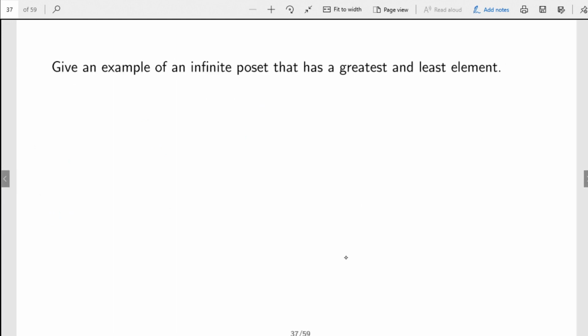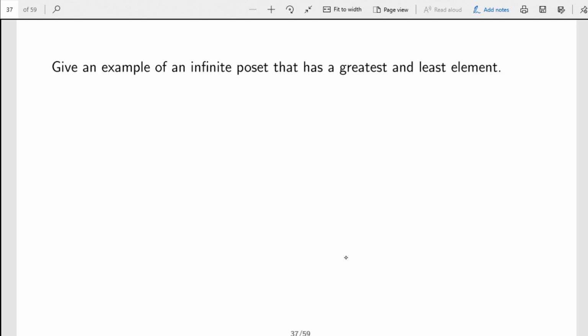Now how about the fourth question? What is an example of an infinite poset that has a greatest and least element? Now this is an interesting question, so I'll give you an example.